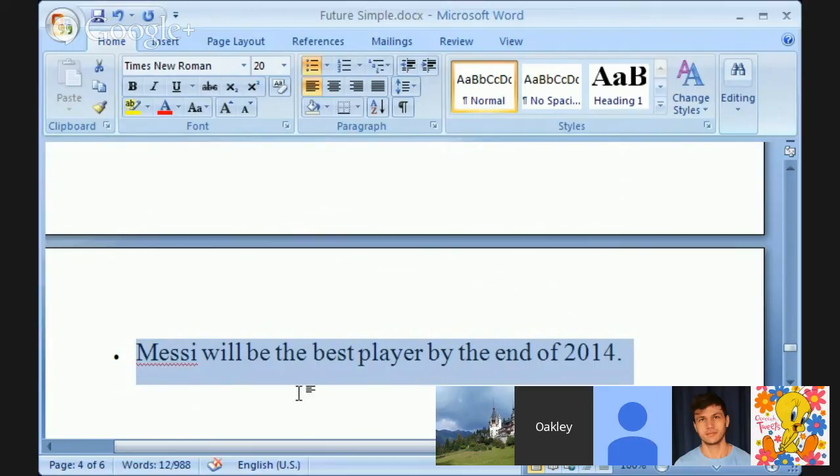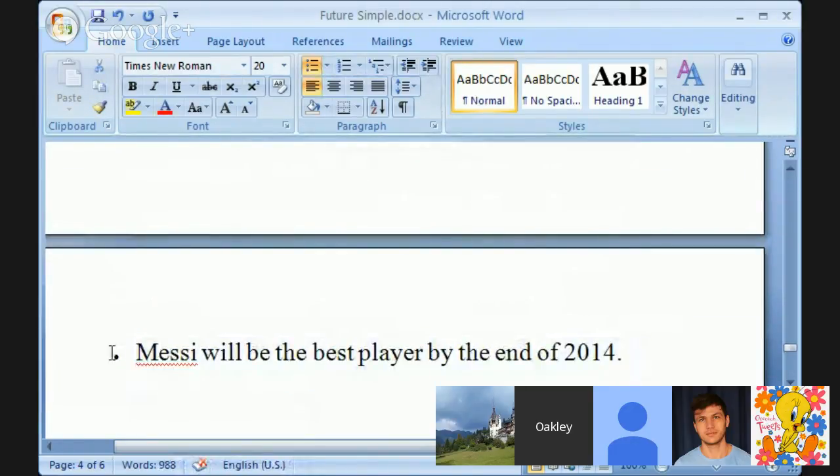If I say the best player will be Messi, Messi will be the best player, either way, it's an active sentence. And I don't think there's any way to make this into a passive sentence. Well, very good. You've created a sentence that's impossible to make passive. Interesting.